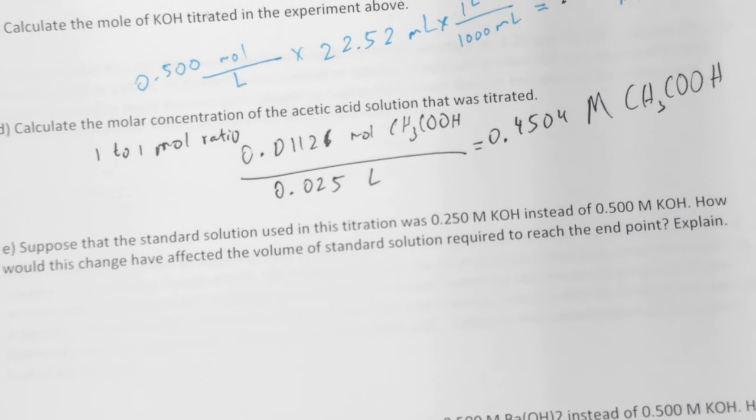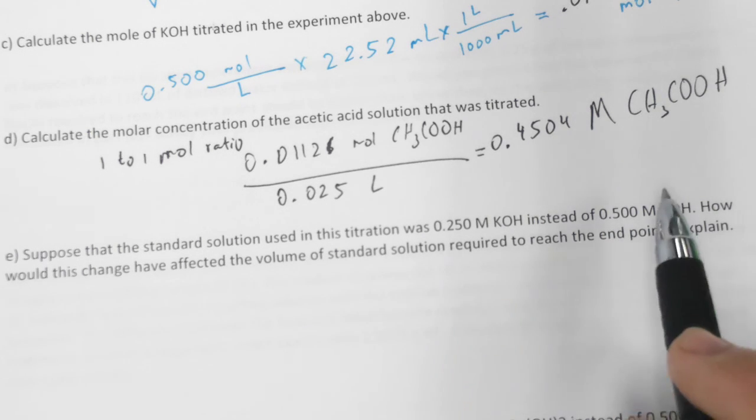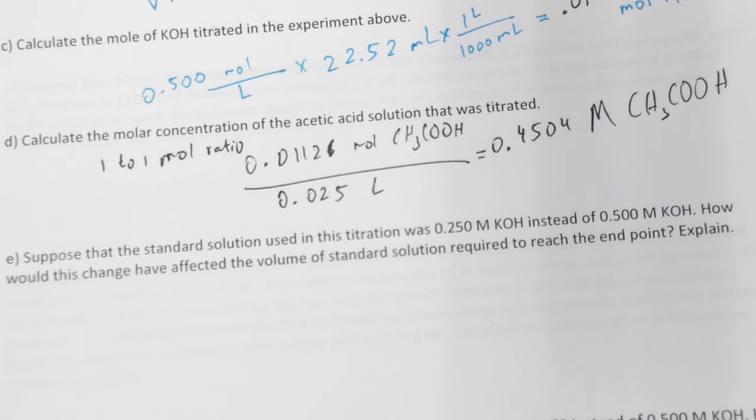Now, let's look at the next question and think how we can explain this. The standard solution used to titrate was 0.250 molarity instead of 0.5. How would that affect the volume of standard solution required to reach the endpoint? What do you think? I changed my concentration. What do you think is happening?